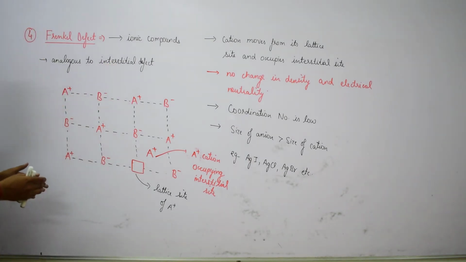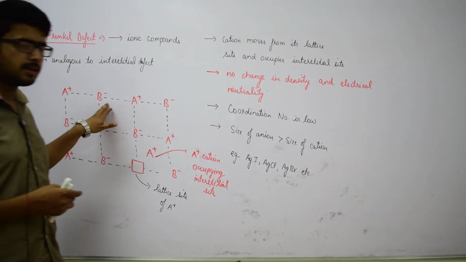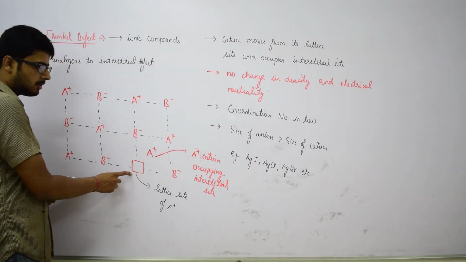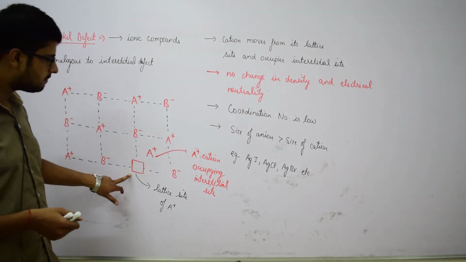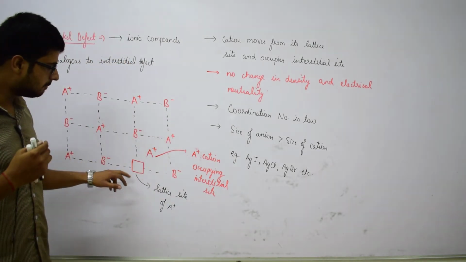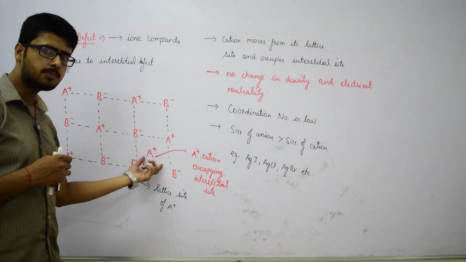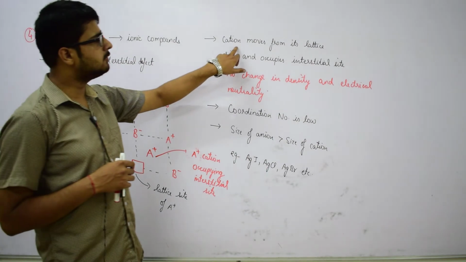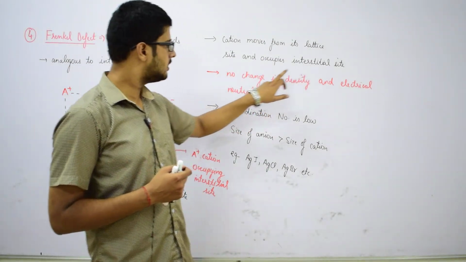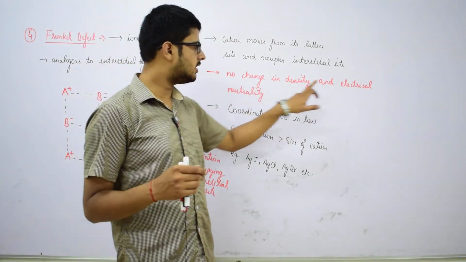So, let us consider a crystal made up of ions, that is cation A plus and anion B minus. So, what happens in this case? This was supposed to be the normal lattice site of cation A plus. Due to this defect, the cation A plus moves from its normal lattice site and occupies the interstitial site. There is no change in density and it is still electrically neutral.